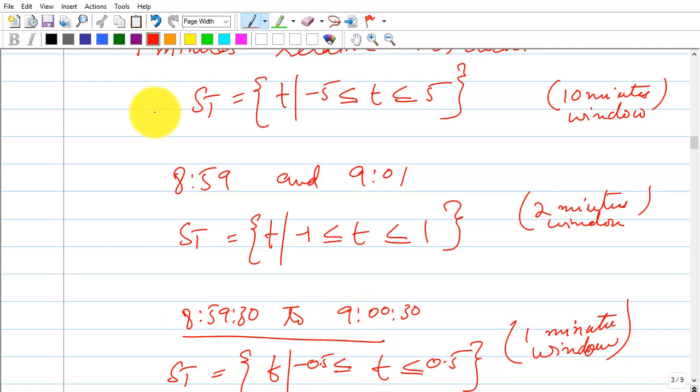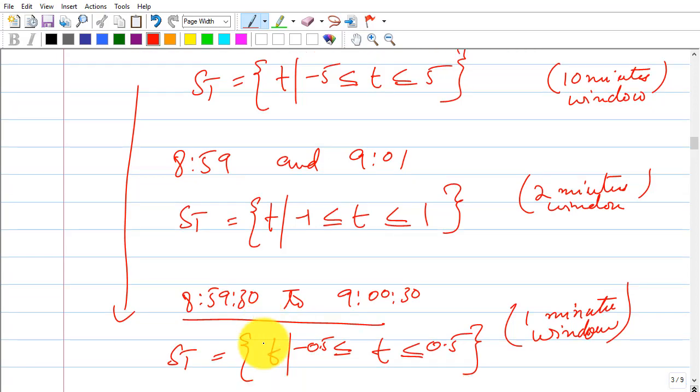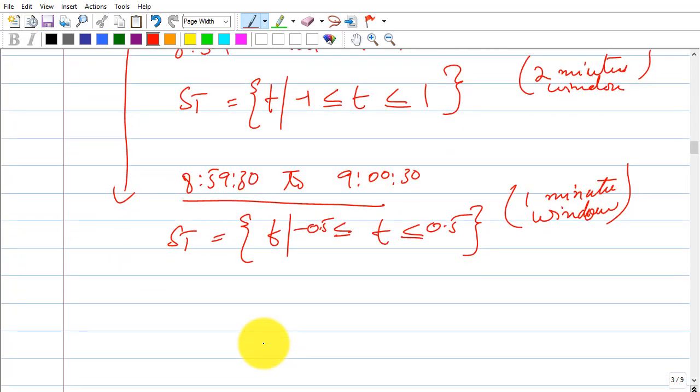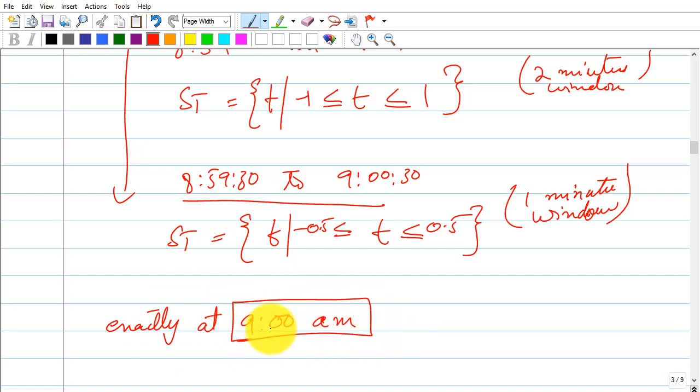So the probability of getting the exact result would be reduced. Even if we could make it more precise, and we say that the teacher will arrive exactly at 9 am sharp, it is quite difficult to find out this probability.